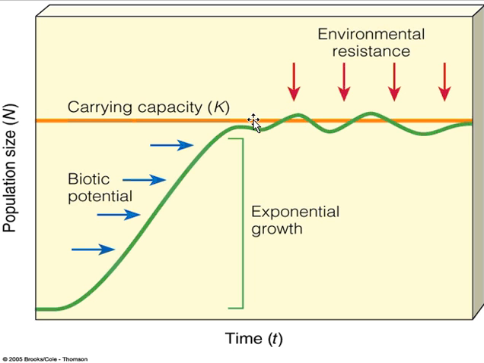This is where K strategists reside because they are typically specialists and they do very well in these competitive situations. This is what we call S-shaped growth. Exponential J-shaped growth gets converted to what we call logistic or S-shaped growth as the population encounters the carrying capacity.